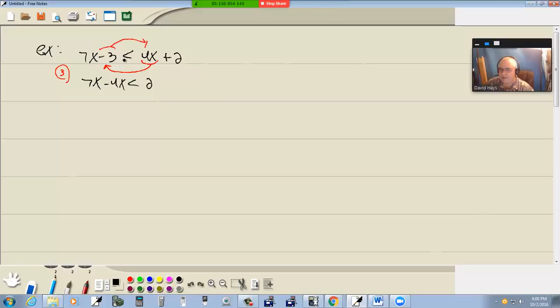The negative 3 becomes a positive 3. Always combine like terms. 7x minus 4x is 3x. Combine numbers. 2 plus 3 is 5. Step 4. Divide both sides by number in front of your x. Number in front of x is a 3, so divide both sides by 3. And we got x is less than 5/3.